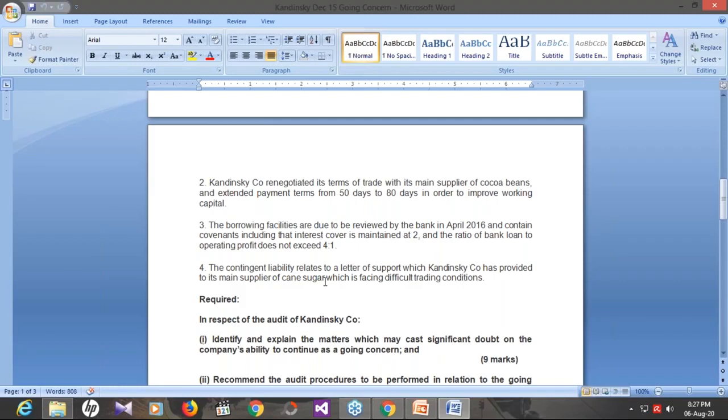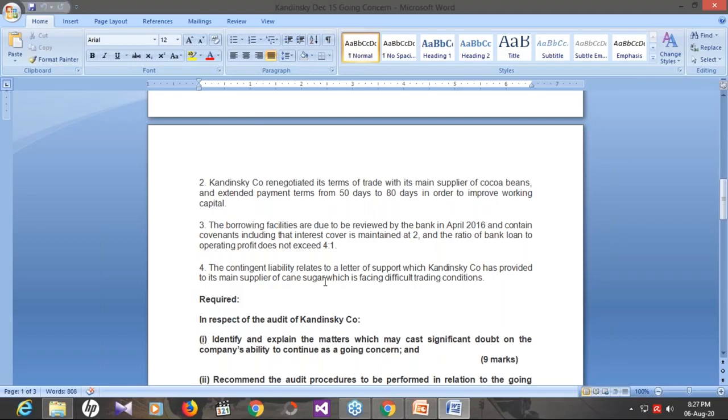We need to discuss with management the condition of that and how the company is going to approach the event if that supplier of sugar cane defaults.